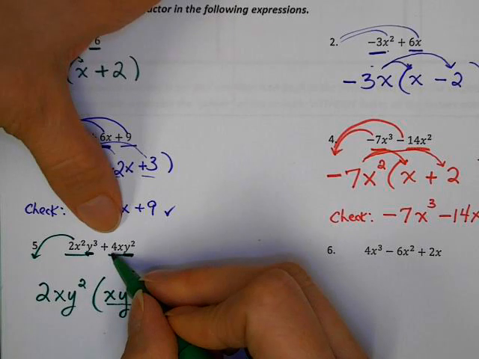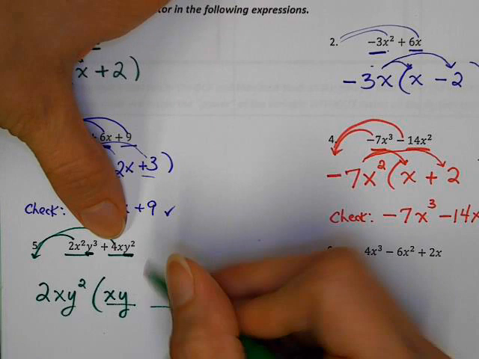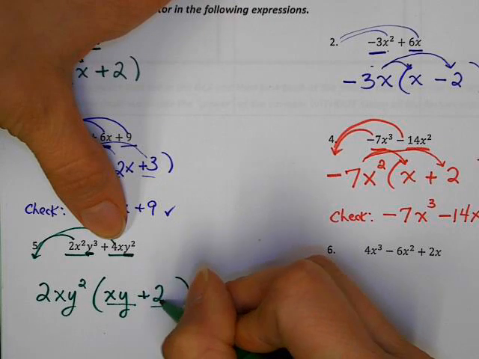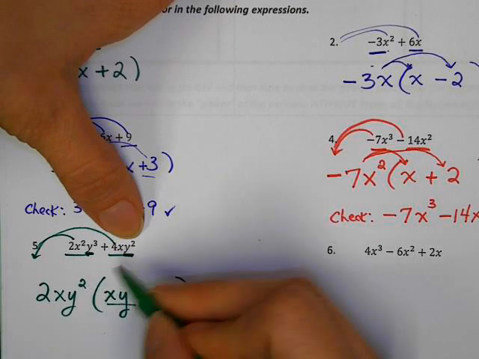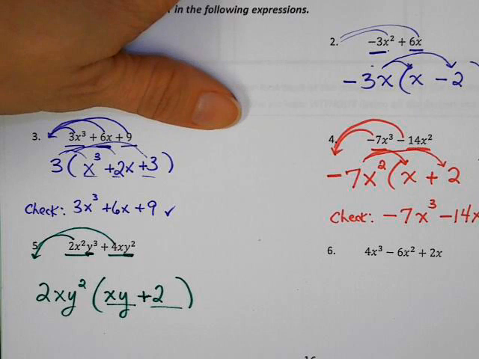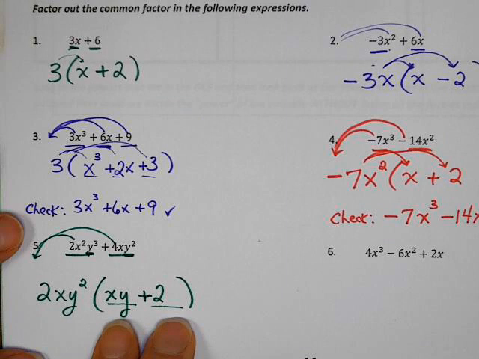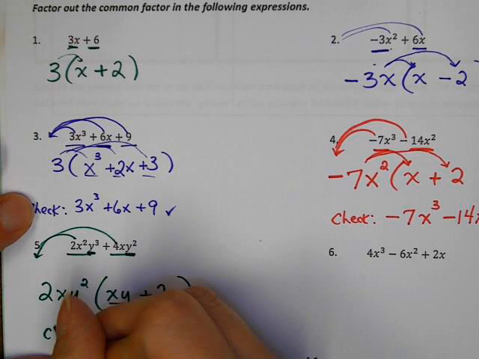Positive 4, I divided out a 2. So that makes him a 2. He had 1 x, but I took it out. He had 2 y's, but I divided that out, so that's all he's got left. Was there anything I missed? No, that's it. So I'm going to go ahead and check this one, make sure I'm doing good.